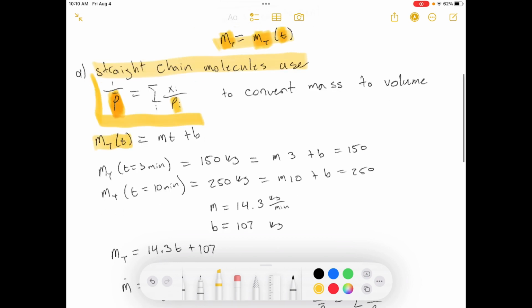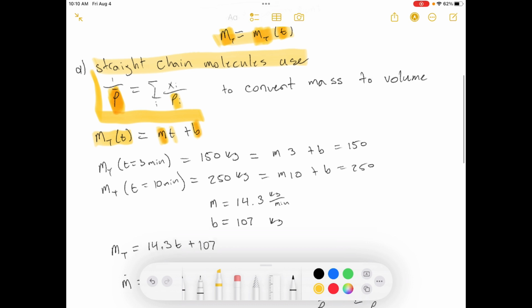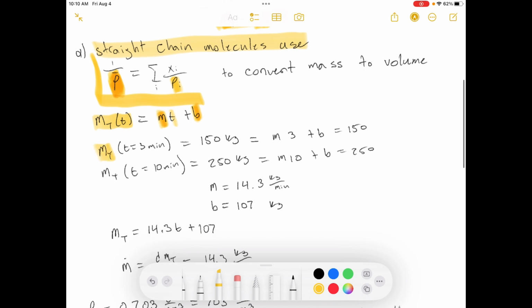This is the mass of our tank. They said it falls on a straight line, so I wrote this is the equation of a line. Our slope is m, b is our intercept, and t is time. Now we need to solve the equation of the line. We need to know what m and b are. The mass of the tank at time 3 is equal to 150 kilograms, so we put 3 in here and 150 there.